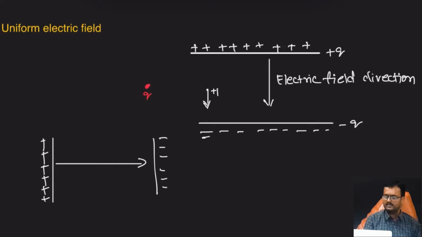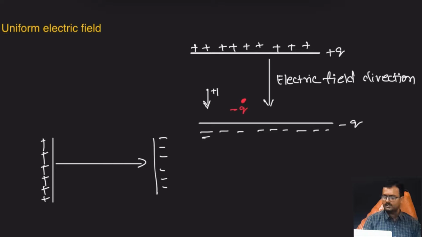When a charge q enters a uniform electric field, its direction is changed. Suppose there is a positive charge in a uniform electric field. Due to electric field E, a force is created on the charge, so it moves towards the negative plate with uniform acceleration.